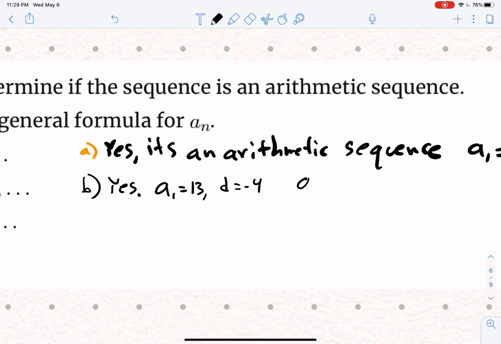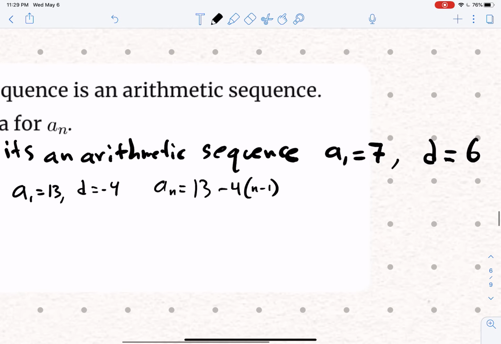So let's see. AN in general is equal to A1, which is 13. It's not plus, because D is negative, it's going to be minus 4 times n minus 1. This is, first of all, the absolutely correct formula, but we can simplify it a little bit.